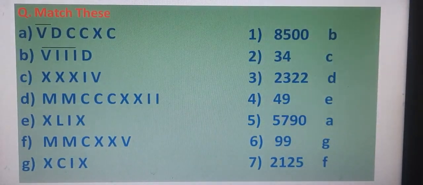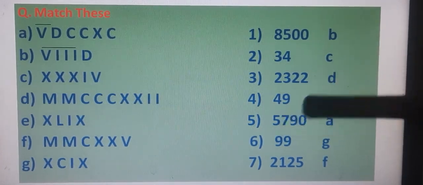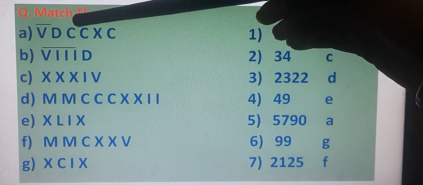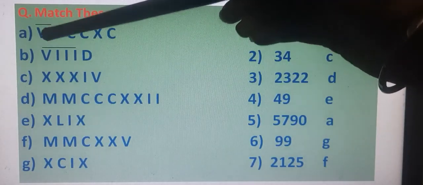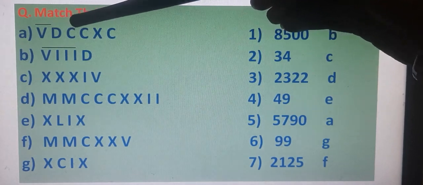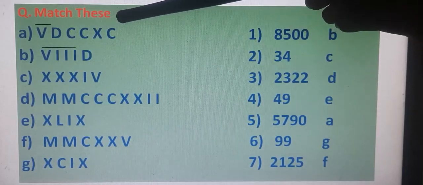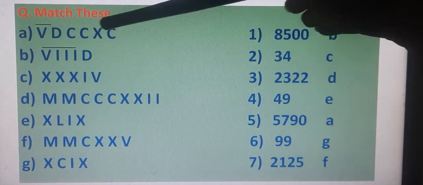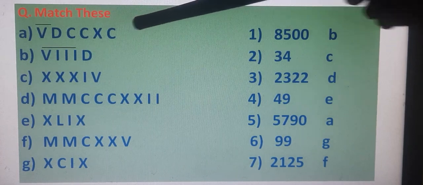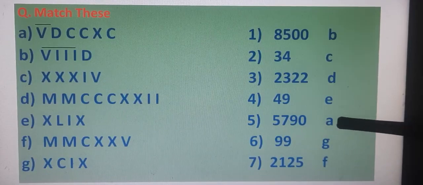So V bar D C C X C: V bar is 5 into 1000, 5000, plus D 500, plus CC 200, plus XC, which is 90, 100 minus 10. So our answer is 5790. Check in your options. This is here, 5790, A.